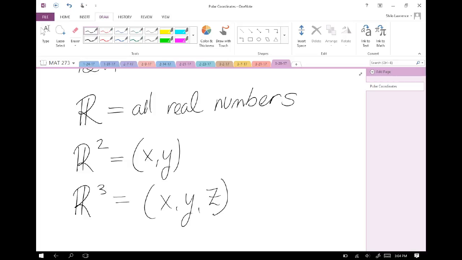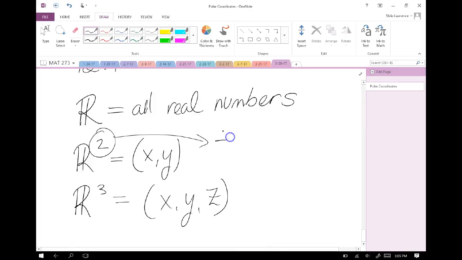So this book likes to use this symbol a lot. Our last book didn't use this terminology at all, but this book likes to use it. So this number includes the independent variables and the dependent variables. So in R2, there's always going to be one dependent variable. Otherwise, it's not going to be a function. And then all the rest of them are independent variables.